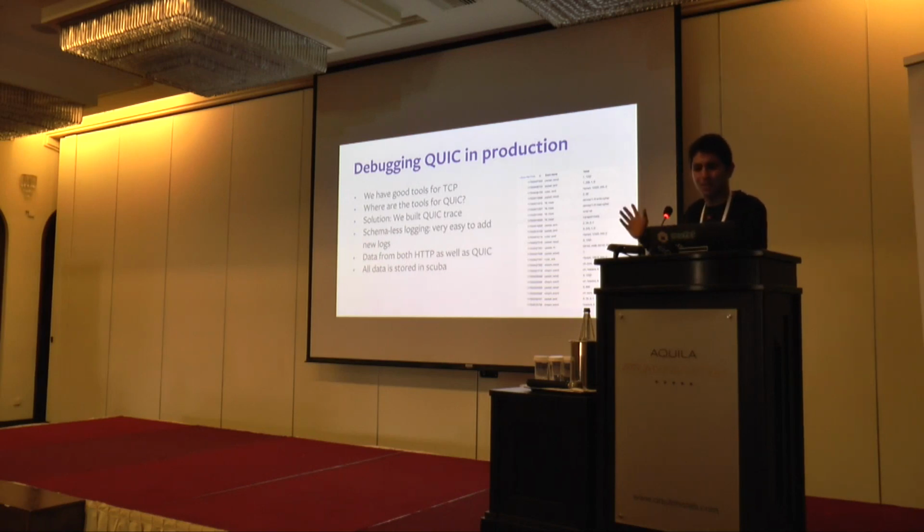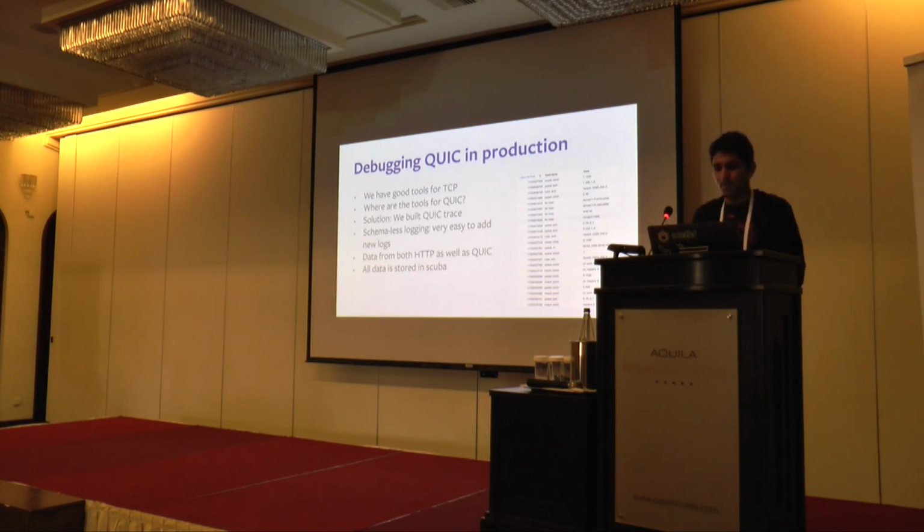The nice part about this kind of data, which differentiates it, and I think this is part of the theme where QUIC can make things better for debugging, is that this can tell you why your transport took a certain action rather than what it did. Like tcpdump, I feel like, answers the question of what it did, and the question of why is missing. So this kind of data will answer those kinds of questions for you.